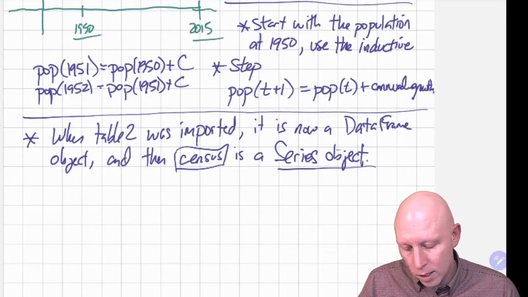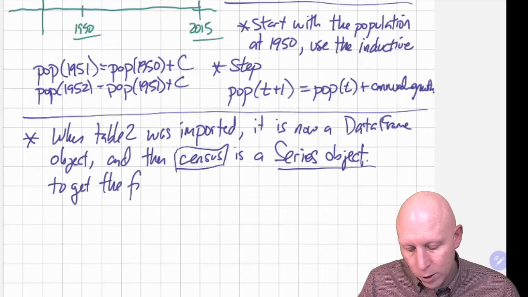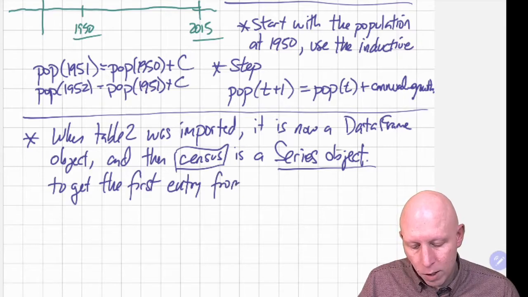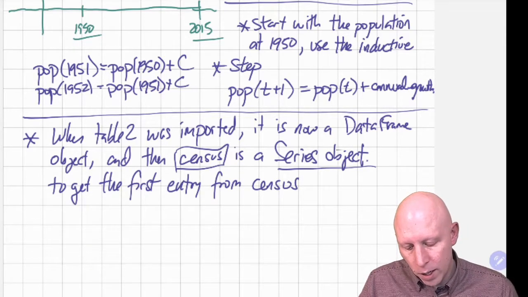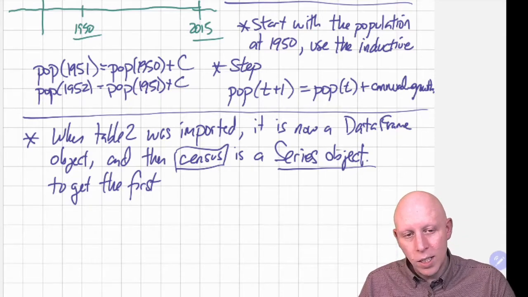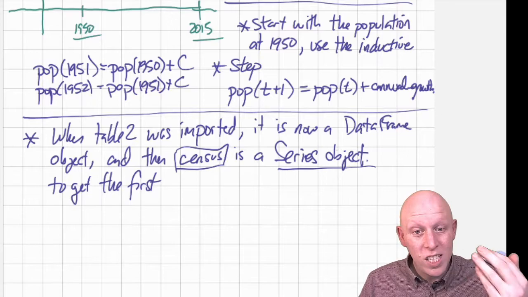So this census, to get the first entry from census, and I guess I'm not asking for the first entry from census. Let me strike that. What I really want to say is to know what that first year is.